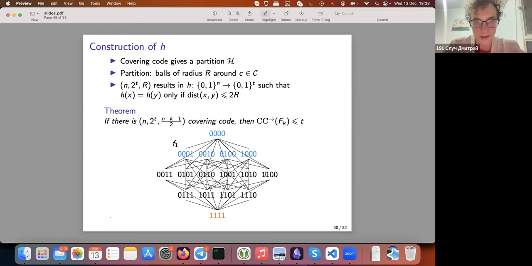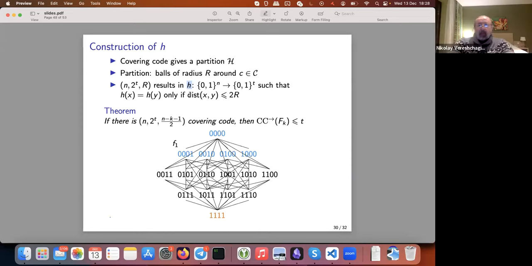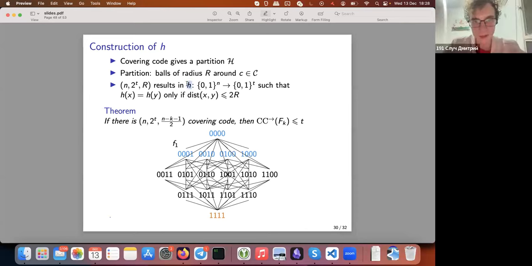Covering codes give us balls of radius R, and some point may lie in several balls, but we say that H will be the ball containing that point, some ball containing that point. And because of that, the distance between 2 points of H will be small. It won't exceed 2 times R, because from X to C it's R, and from C to Y it's R.